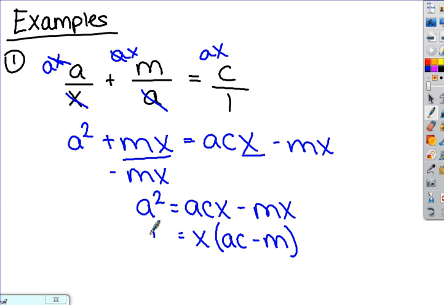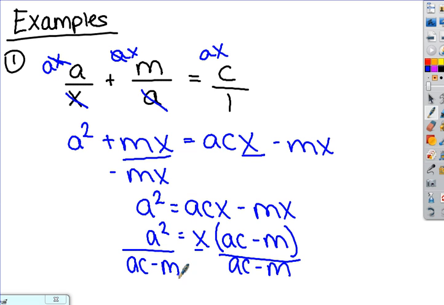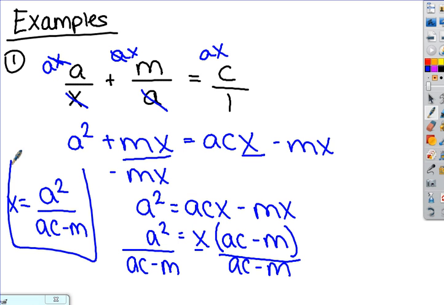And that's equal to a squared. To get this x term alone, we're going to divide by ac minus m. What we do to one side, we must do to the other. So the solution to this equation is x equals a squared over ac minus m. That is the solution to this equation.